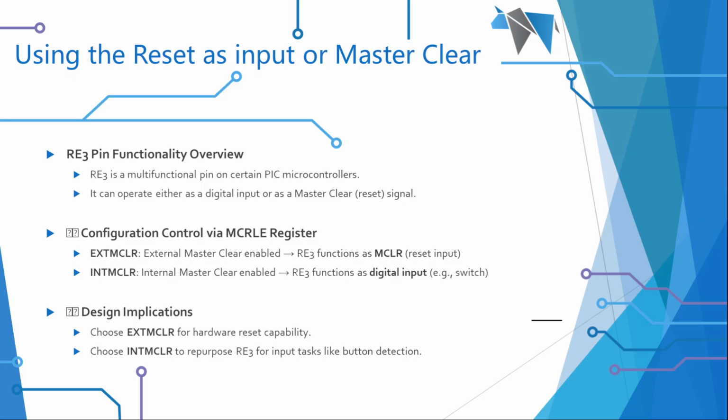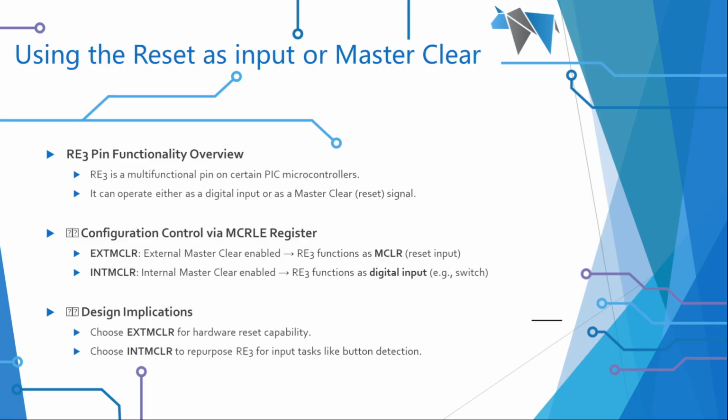So, using a reset as an input or master clear: a particular pin or port connection on that microcontroller is called the master clear. On this particular microcontroller, that's the RE3 pin. And it's multifunctional, on a whole range of PIC microcontrollers, not just this one.